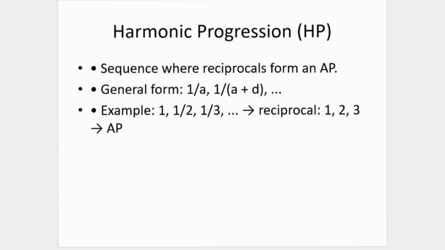Instead of having 1, 2, 3, 4, 5, 6, 7, you would now have 1 over 1, which is 1, 1 over 2, and so on. So it's like an inversion, an inverse of an arithmetic progression, where every other thing still applies. It's just that you now have the reciprocals.